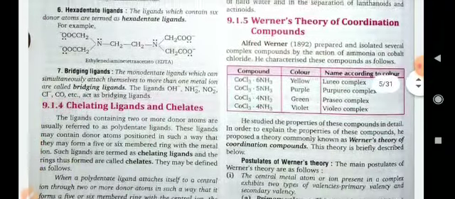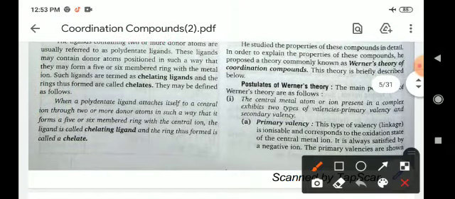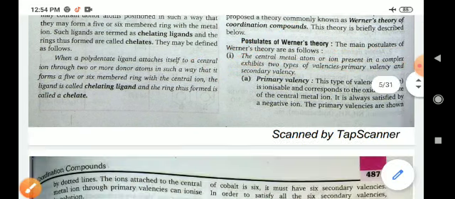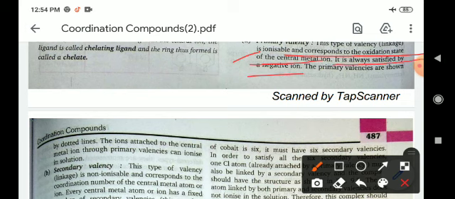Now come to Werner's coordination theory of complexes. What is Werner's coordination theory? The scientist Werner gave some postulates about complex compounds. Number one: the central atom or ion present in a complex compound exhibits two types of valency, known as the primary valency and the secondary valency. The primary valency is ionizable and corresponds to the oxidation state of the central metal ion, and it is always satisfied by negative ions.